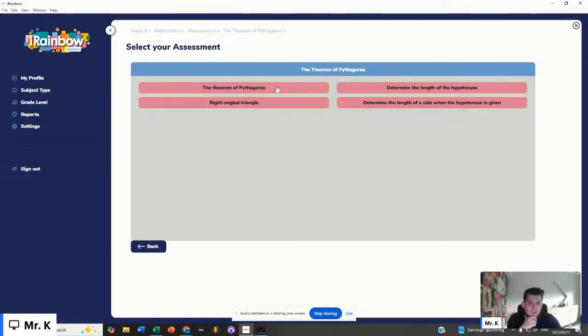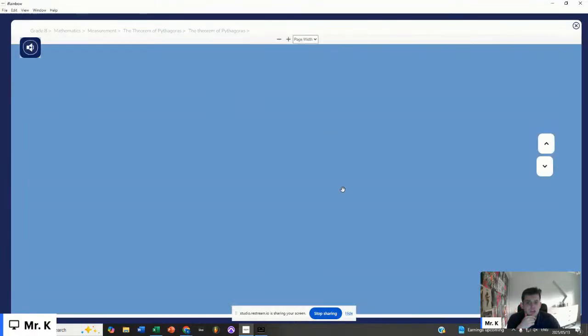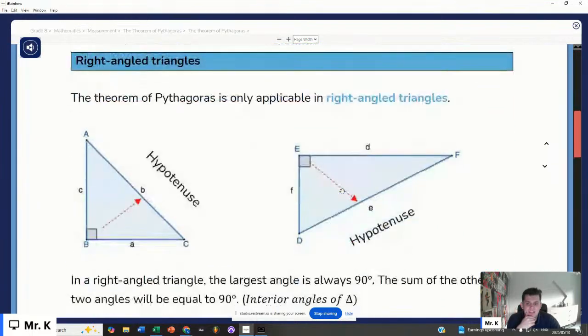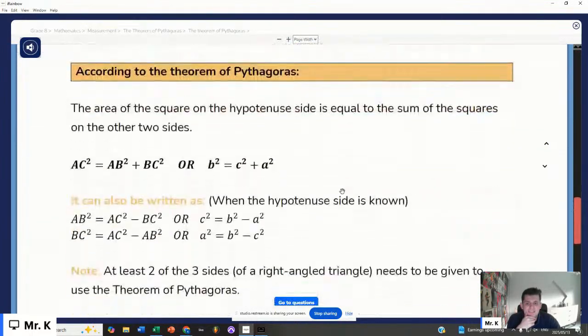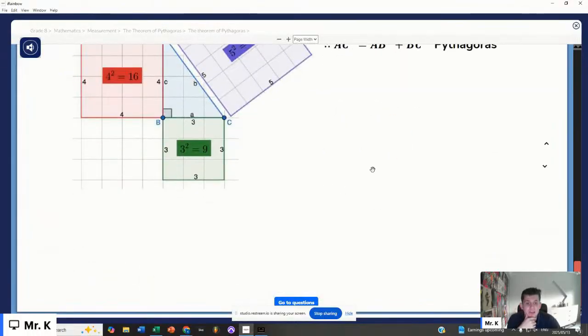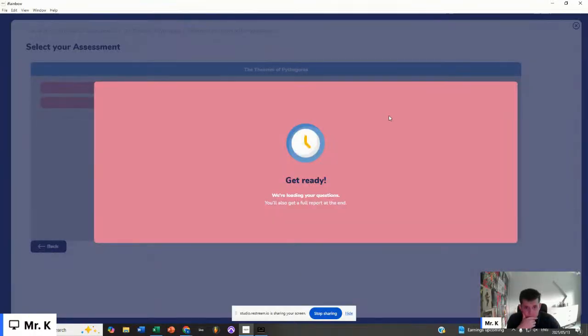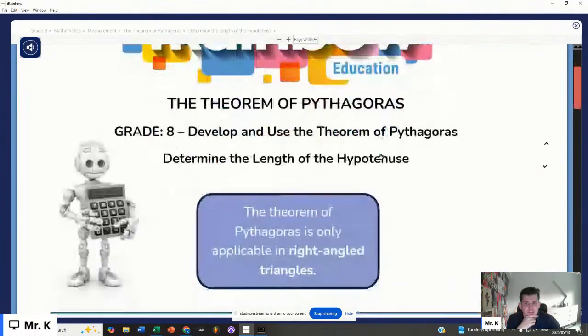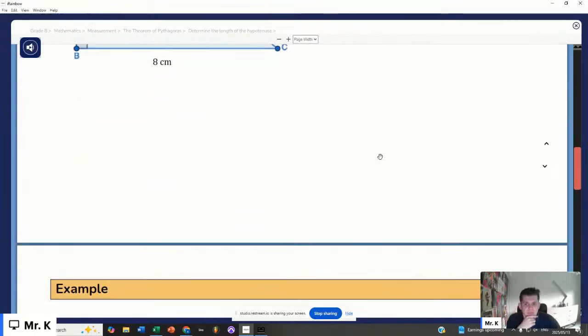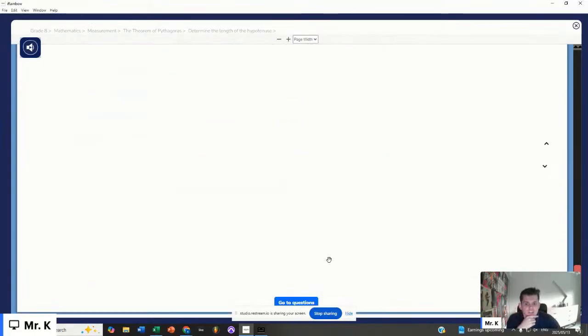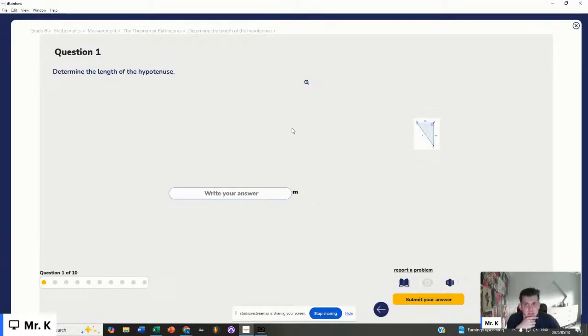All right, so just as an example, guys, if I click on the theorem of Pythagoras at the top left, the very first option, you'll see that I'm greeted with a PDF that helps to explain many of the basics that we've chatted about today. If you want, you can go ahead and take a look through it. It doesn't matter which one you dive into, there is going to be a PDF to greet you, to explain some of the basics, and then you can go straight onto the questions and attempt solving some of them on your own.